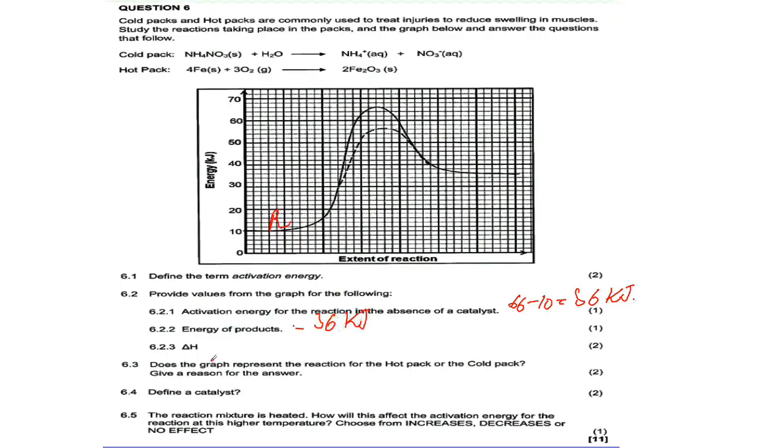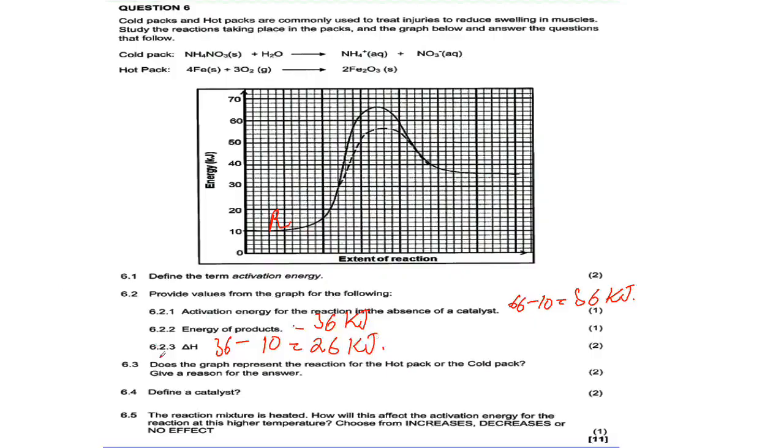And then enthalpy change. For the enthalpy change, we know this is the energy of the product minus the energy of the reactant. What do we have as the energy of the product? It's 36, and then minus the energy of the reactant, which is 10. So we have 26 kilojoules, right?